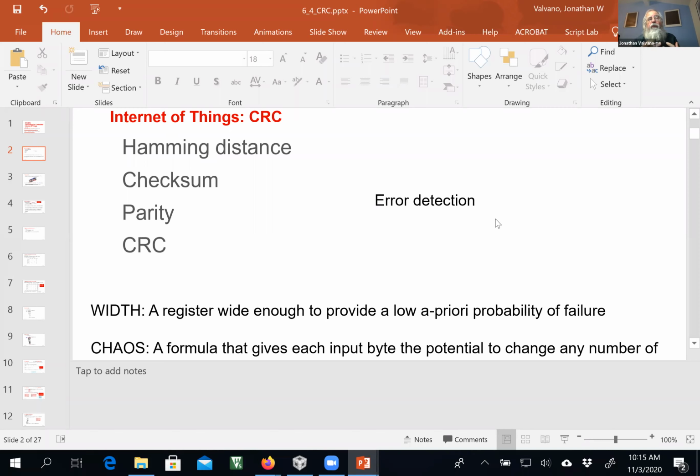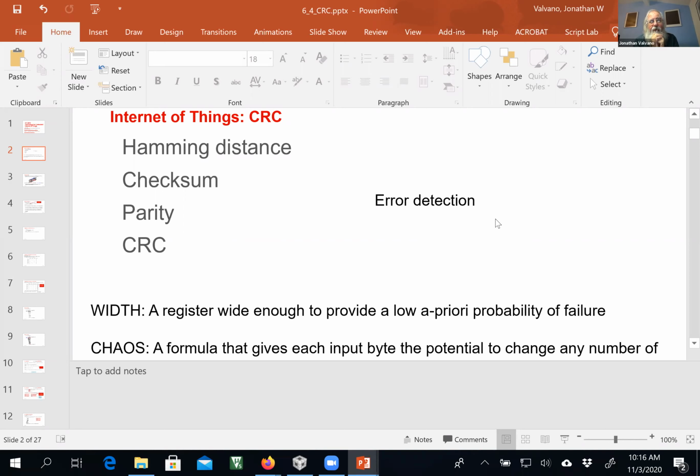And what are the 2 fundamental descriptions of an error detection scheme that will improve our ability to error detect? We have 2 knobs in our error detection scheme creation, and we want to do what 2 things? The number of bits used for the error code allows higher detection. And the fancy word for that is called width.